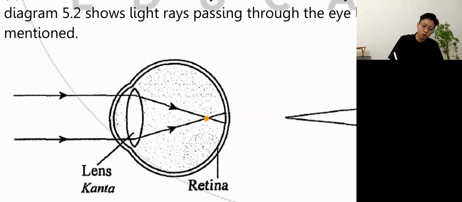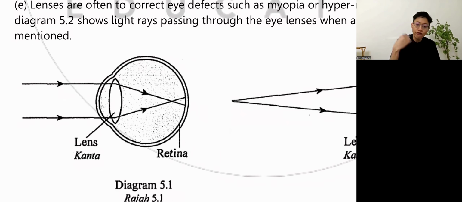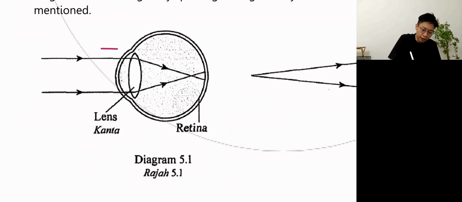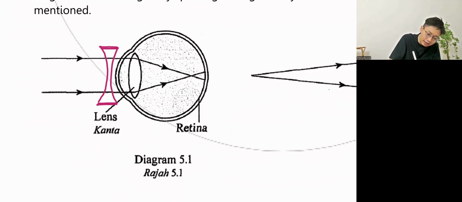So usually what we do here, when we want to fix this kind of problem, you use a concave lens. I said before already, Jung Hao got short-sightedness, right? Jing Si, right? Okay. So what do we solve here?